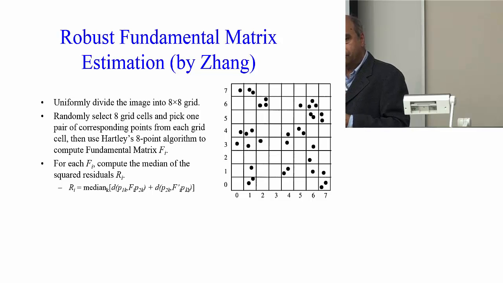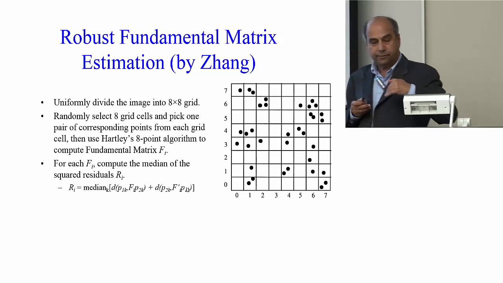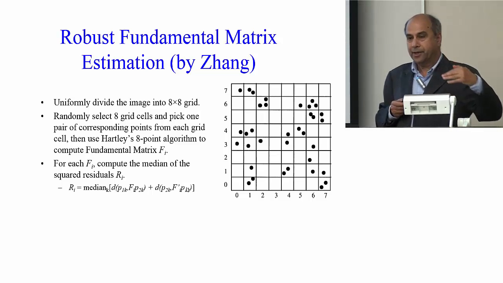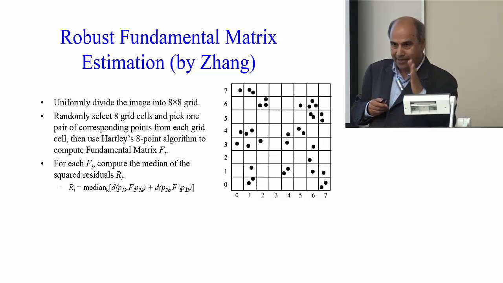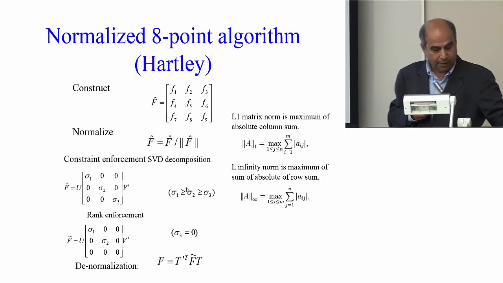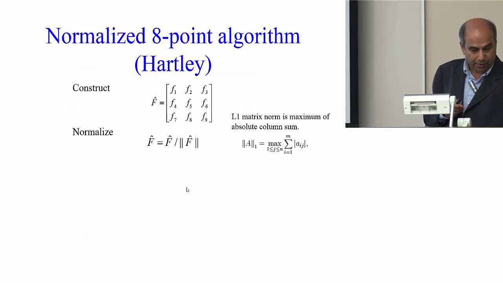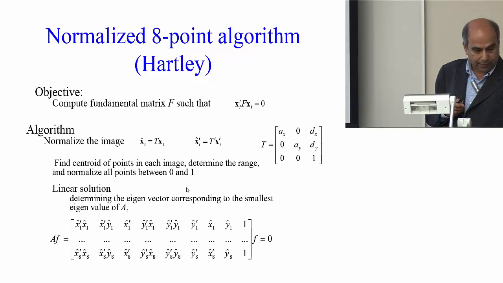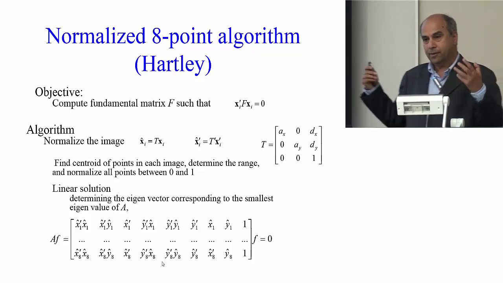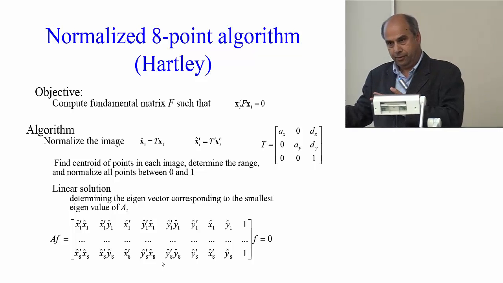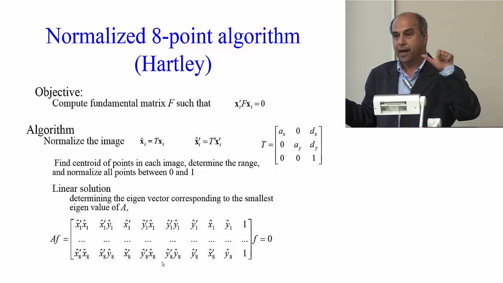Can we use pseudo-inverse? Yeah, the pseudo inverse will come in instead of finding the eigenvector with the least eigenvalue, as I told you here. This is a linear system, a right homogeneous system, and we have been talking about pseudo inverse and so on. So you can do that, or just take this matrix and find the eigenvector.